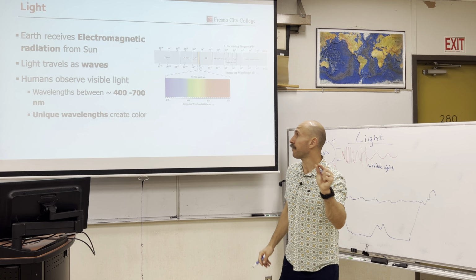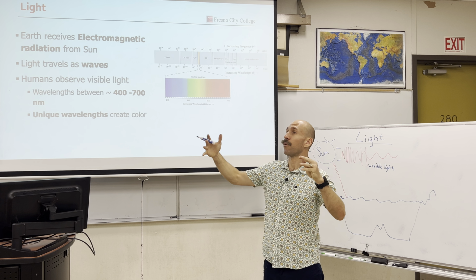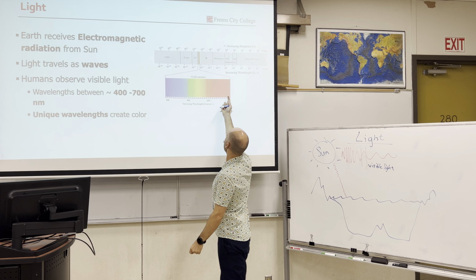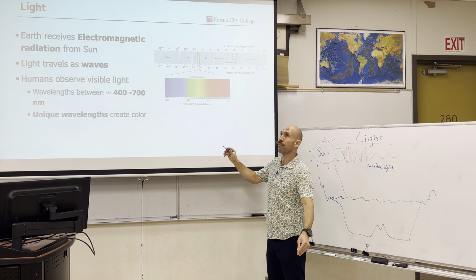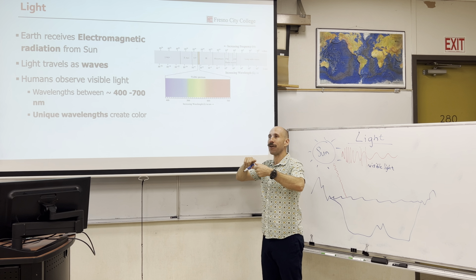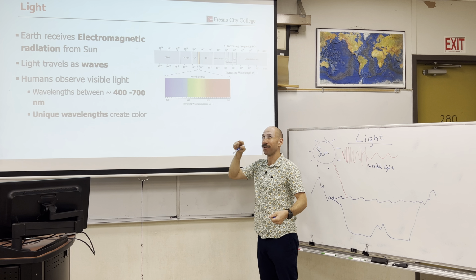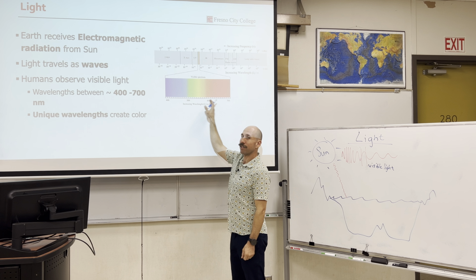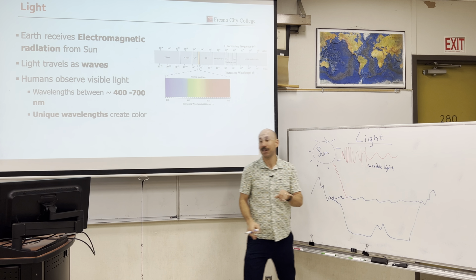And it is very specific, unique wavelengths that give the beautiful spectrum of color that we see through our eyes: red, orange, yellow, green, blue, indigo, violet, Roy G. Biv. That's how I remember it. Anyways, these are all wavelengths. These wavelengths reach the ocean.